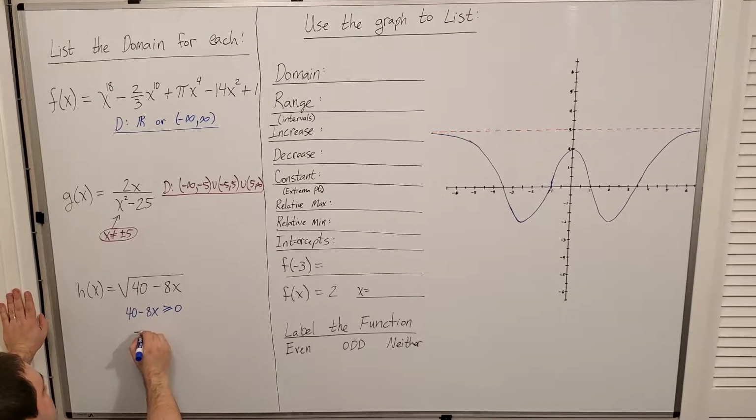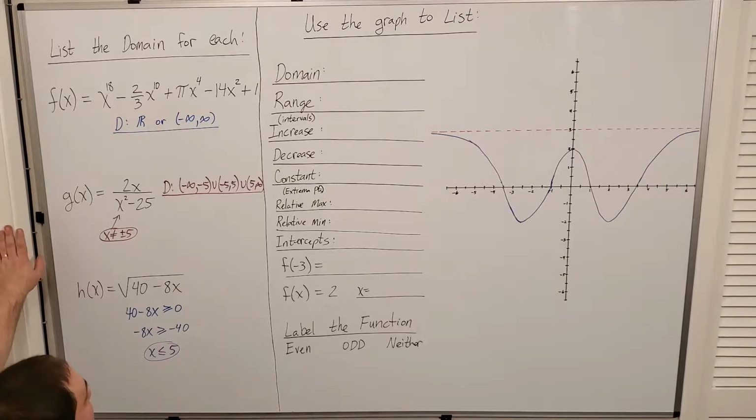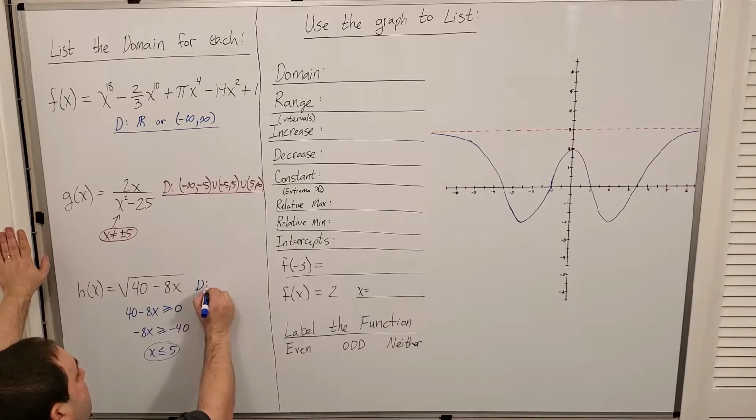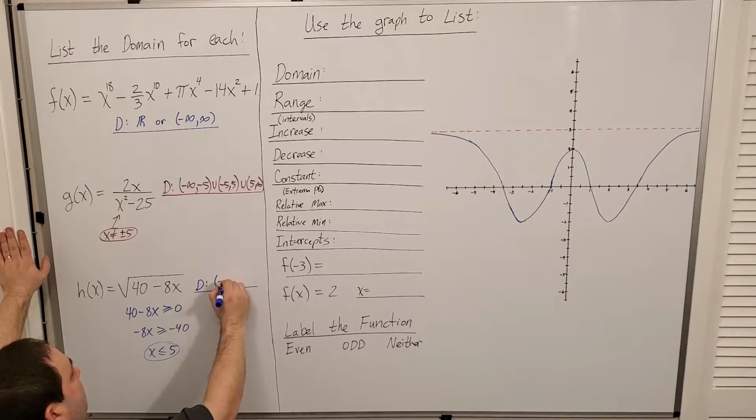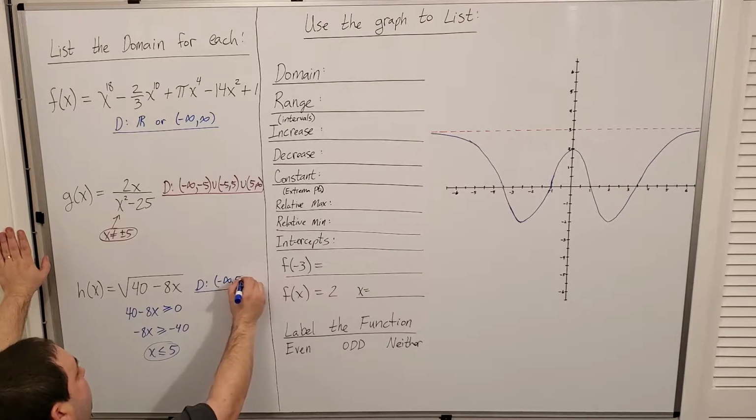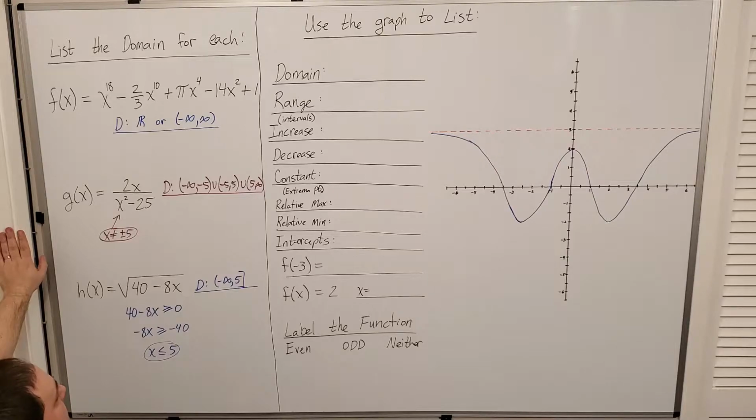And then I proceed to solve for x. Dividing both sides by -8 reverses my inequality. And it tells me that x has got to be less than or equal to 5. This is one way to list the domain. But let's also give the interval notation. So here the domain is going to be everything from -infinity up to 5 with a bracket.